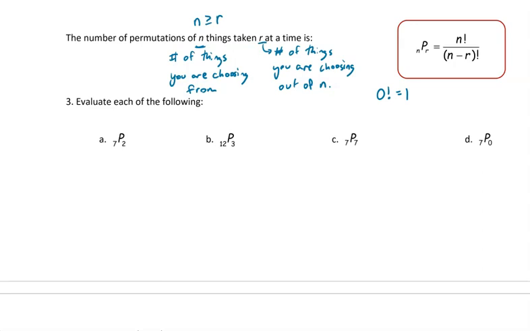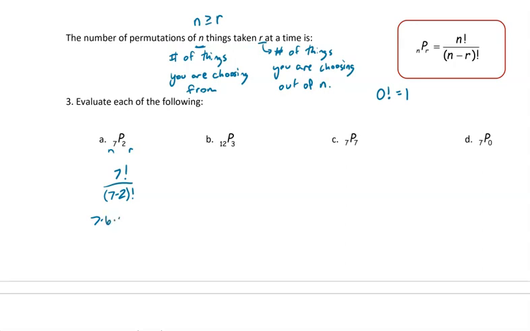All right, so let's go ahead and try A. 7P2. So remember, 7 is n, 2 is r. So we're just going to plug these into the formula. It would be 7 factorial over 7 minus 2 factorial. And we can do this the same exact way as we were doing before. So 7 factorial is 7 times 6.